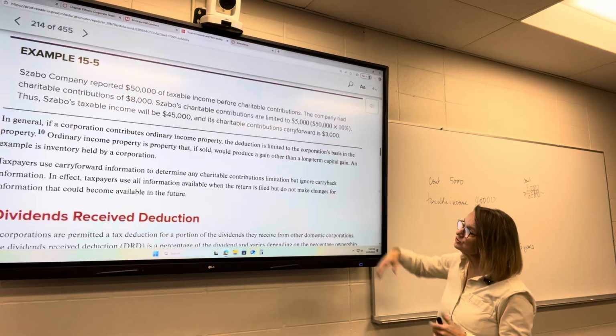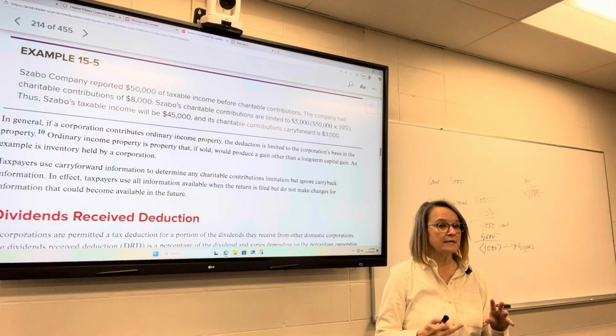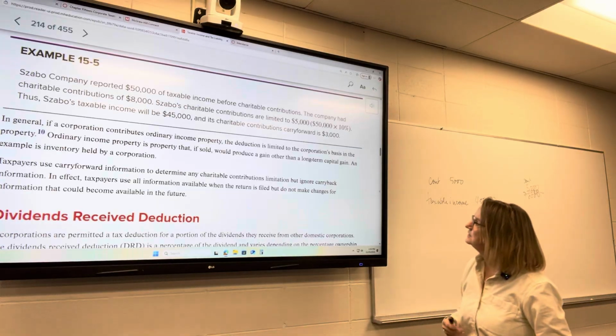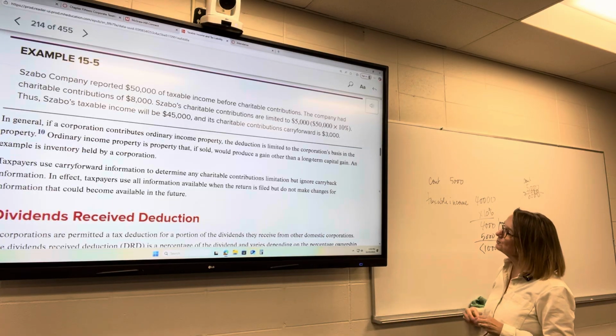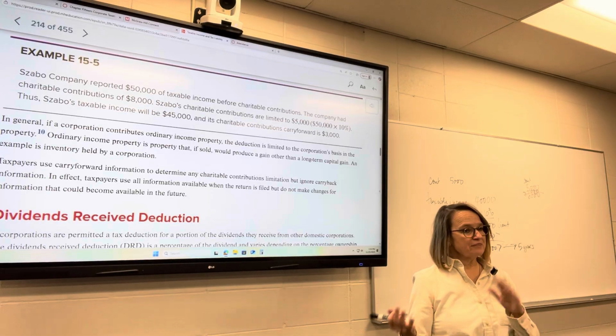If a corporation contributes ordinary income property, so inventory and accounts receivable, the deduction is limited to the corporation's basis in the property. So it's not the fair market value.